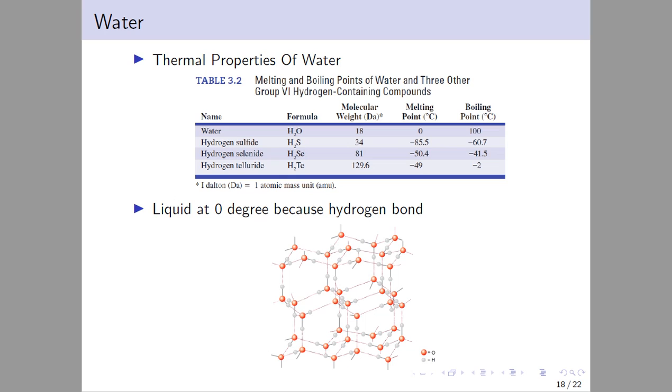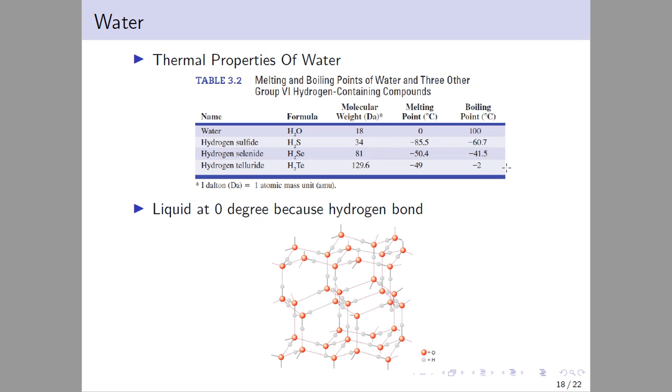Okay, so the thermal property of water. You can see here, molecular weight 18, melting point 0, and boiling point is 100. Different from other hydrogen-based molecules, whose melting point is less than 0, and the boiling point also less than 0.